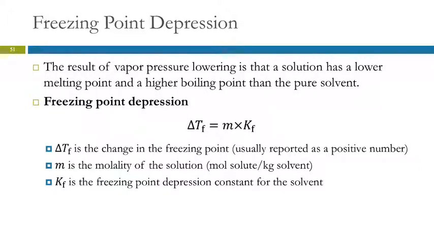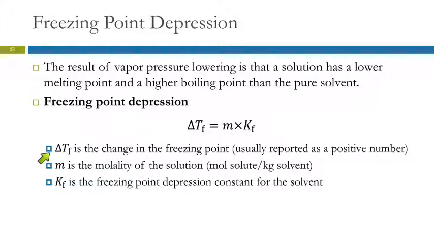We can calculate the change in the freezing point depression. It is related to the molality of the solution times a factor, the freezing point depression constant, that's going to be specific for the solvent, and you just look that up in a table.